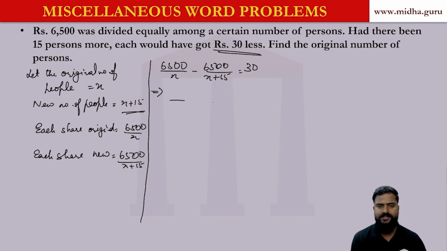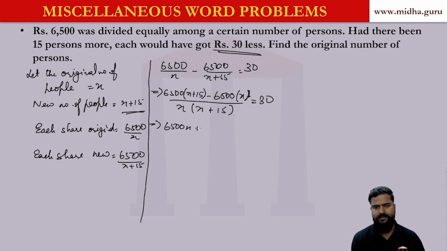Let's try and solve it. 6500 into x plus 15 minus 6500 into x is equal to 30.